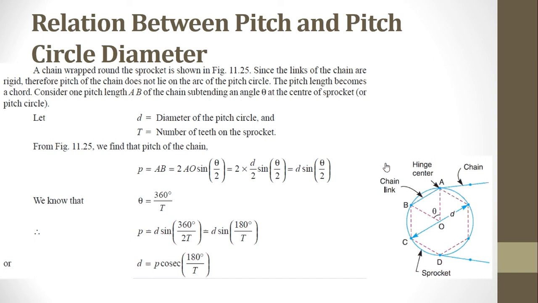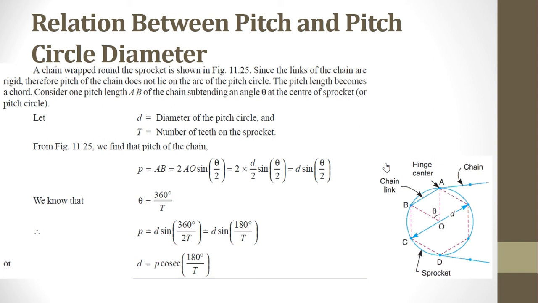They all are concentrated towards the center O, and the length of the chain will be AB, and A and B both are the hinges, right?